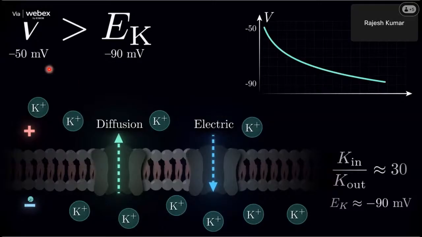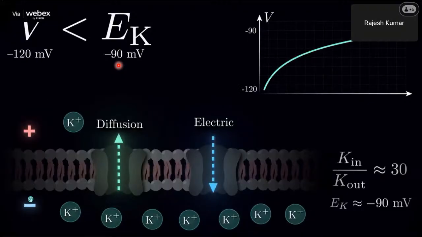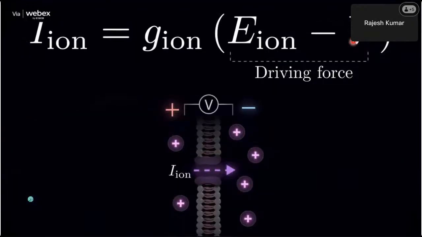So if V is more than this, you have a graph like this, a decaying graph, because of the two types of forces acting there, and if it is the other way around, then the graph is the other way around. Anyway, the current is now working on the two things there.